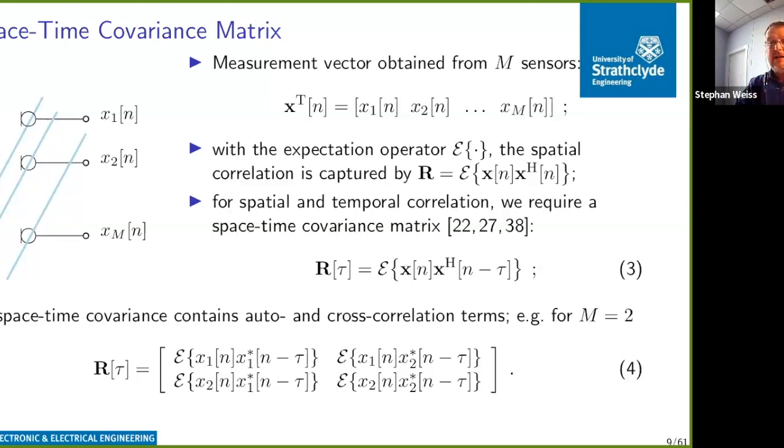Right? In the narrowband case, these delays shrink to phase shifts, but if we have broadband signals, then we really have to preserve the lags with which the signals arrive at different sensor elements. So in order to account for this, we define what's called a space-time covariance matrix in equation 3.